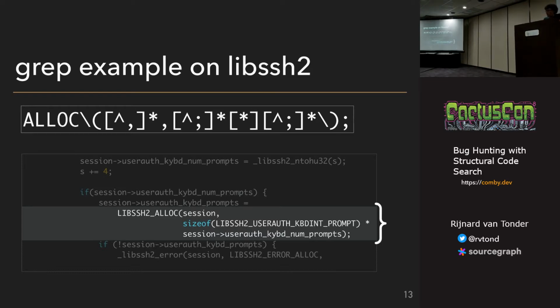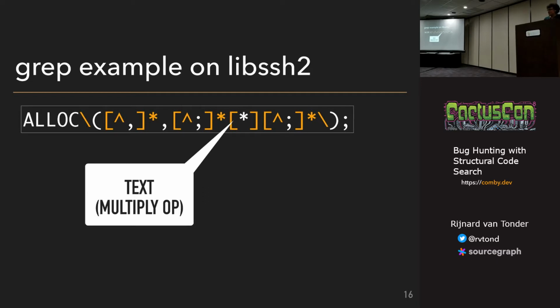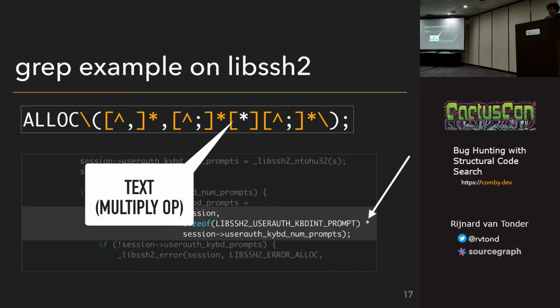So this pattern was used to identify this fragment of code, and what I've highlighted up here in the slide are all the parts that don't refer to syntax. So it's meta syntax. We have things like this asterisk that says we want to repeat matching a bunch of characters, and in a different context, we have an asterisk that actually means we want to match this asterisk in the code because that's a multiply operation.